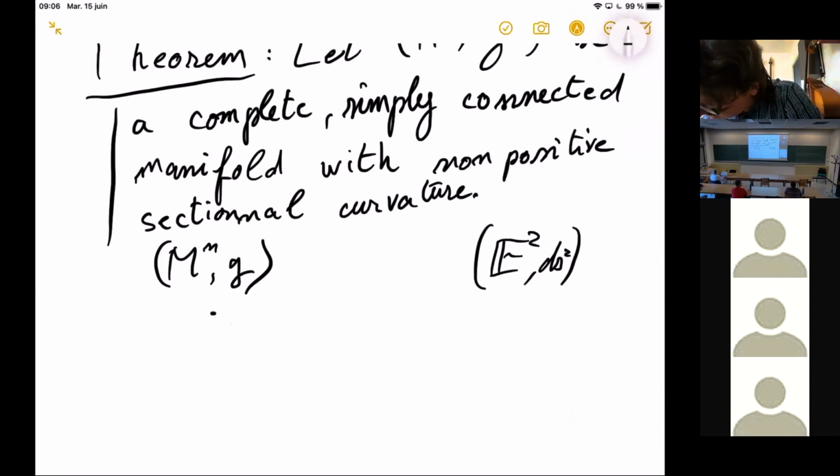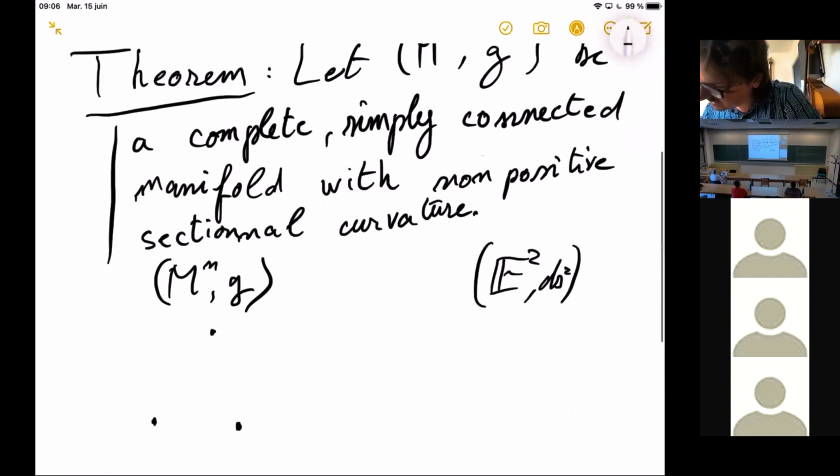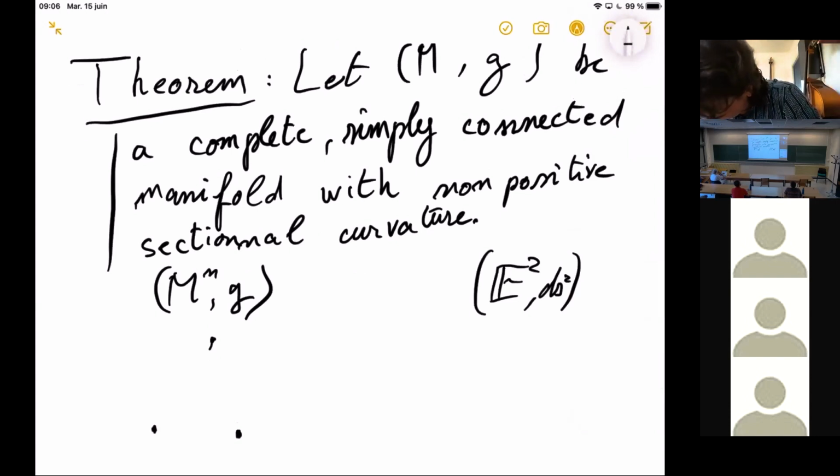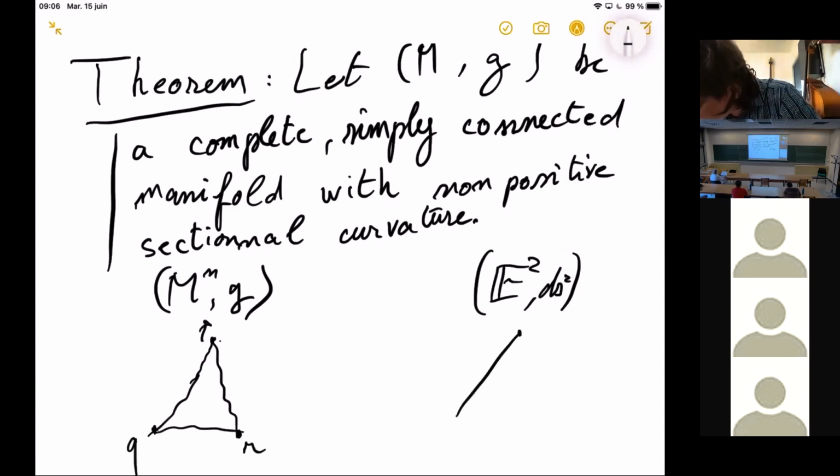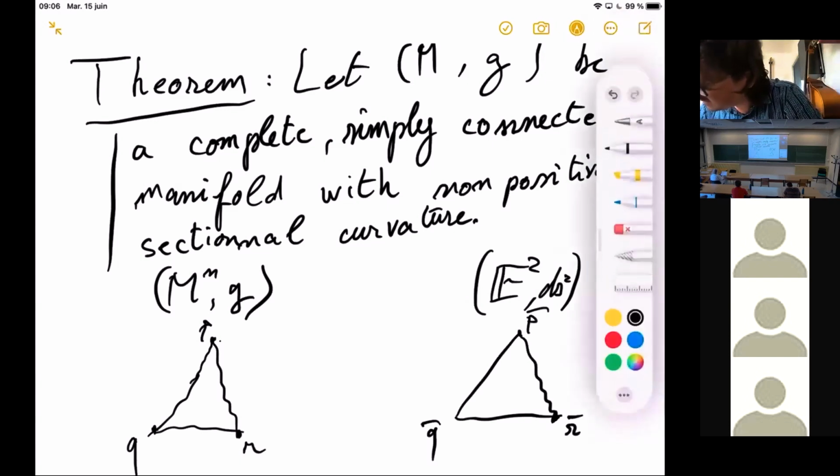And so what that says is that if you take a geodesic triangle in (M,g), so it's P, Q, R, you take a Euclidean triangle with the same side lengths. So let's say P bar, Q bar, R bar.